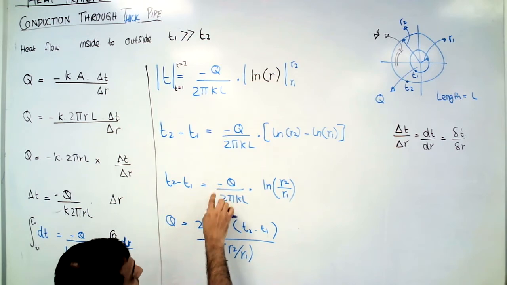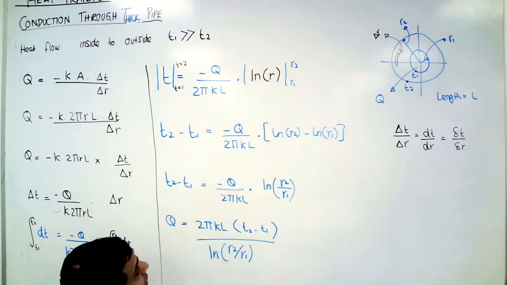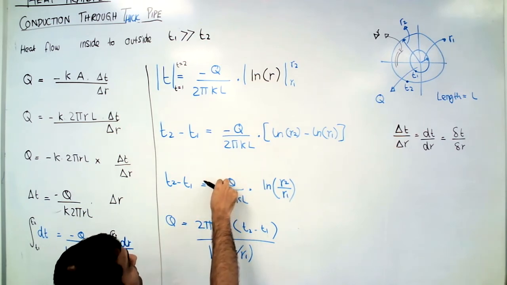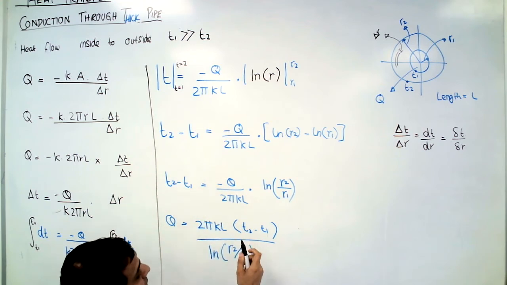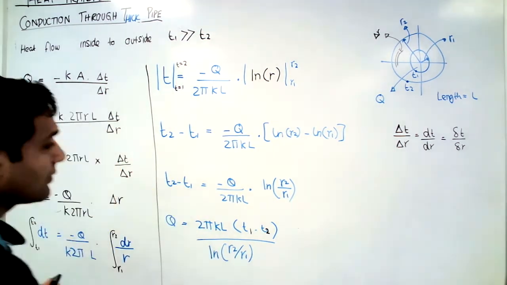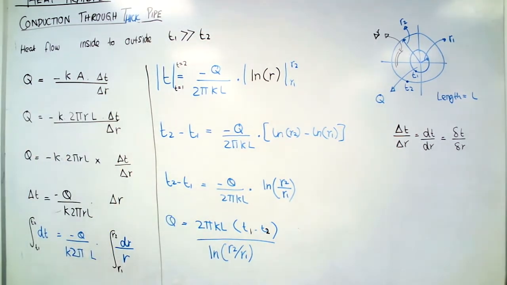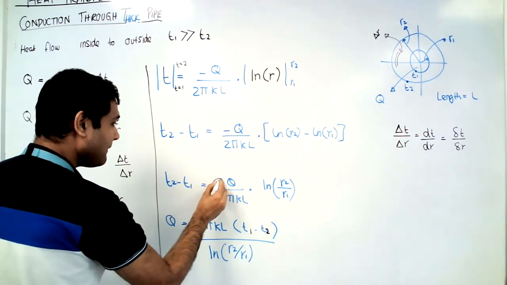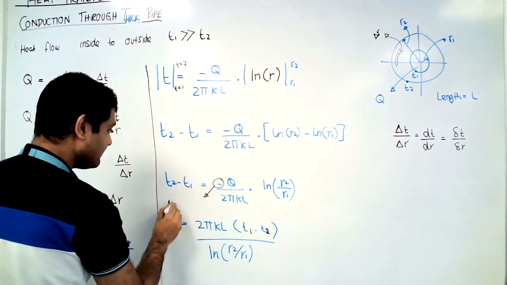Now remember, there's a negative here. I can pick up the negative and put it here, or simply I can change that to 1 and that to 2. That's the easy way, rather than moving that negative. So you change that one.